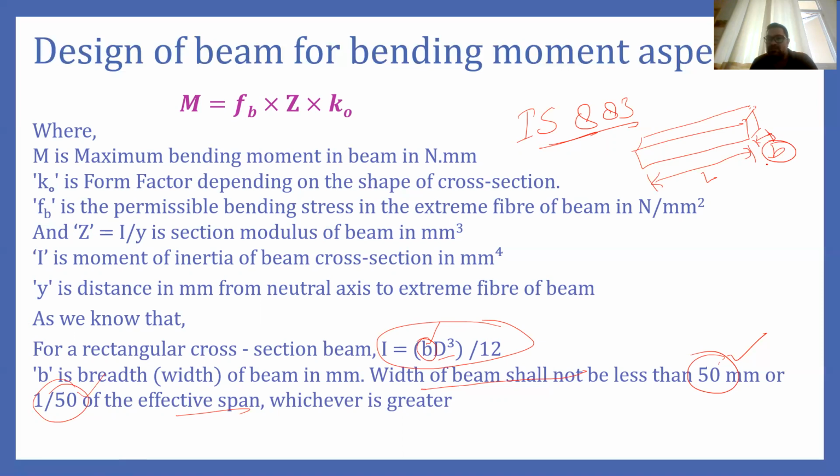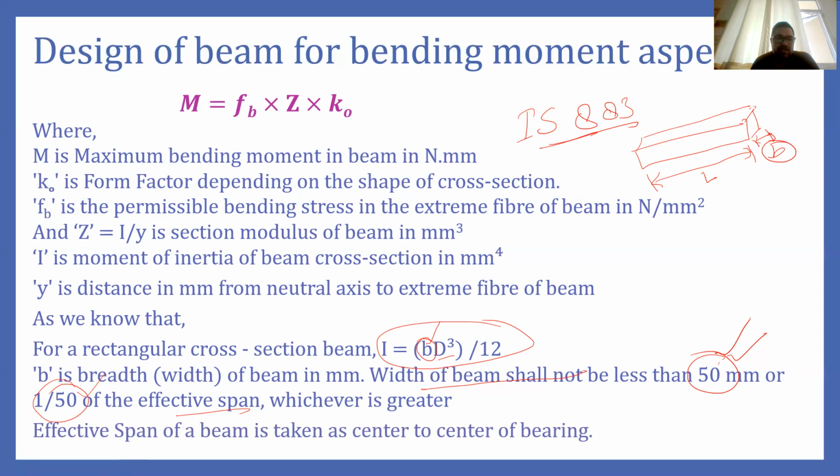For example, if this is the beam and this is the effective span, then this will be the width of the beam. This is one of the standards given for the beam. Whenever we decide the width of the beam, we follow this procedure recommended by the IS code.